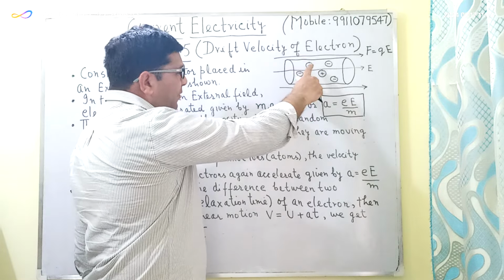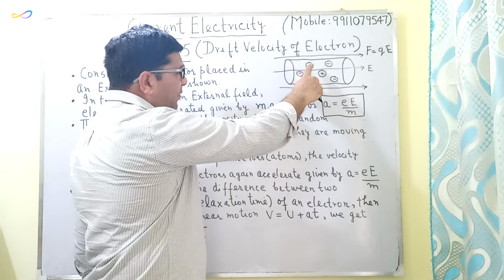Using the equation of linear motion for constant acceleration, v = u + at, we get the average velocity of an electron, which is equal to 0 + (eE/m) tau. This is the acceleration, and this is the average time difference between two successive collisions. So this is the average velocity of an electron when a conductor is placed in an external electric field.